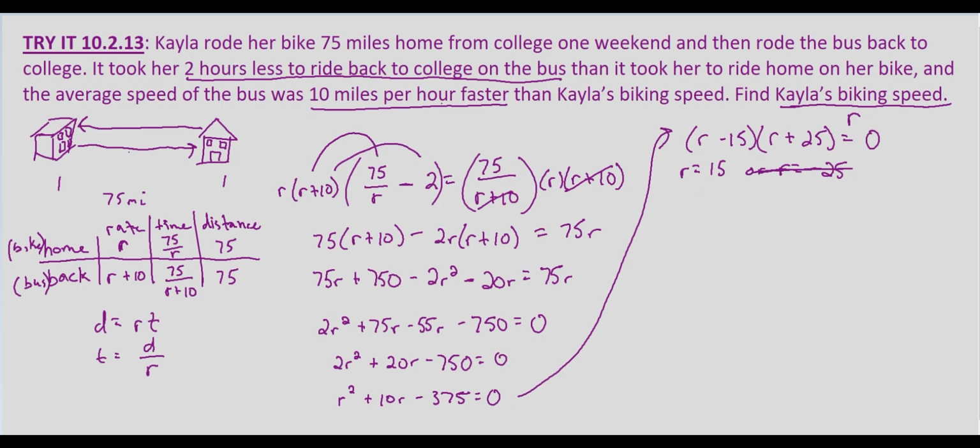And since it's 10 miles per hour faster with her riding the bus, it would make sense that r equals negative 25. That's the speed of the bus going in the opposite direction. So we can just say that Kayla's biking speed was 15 miles per hour.